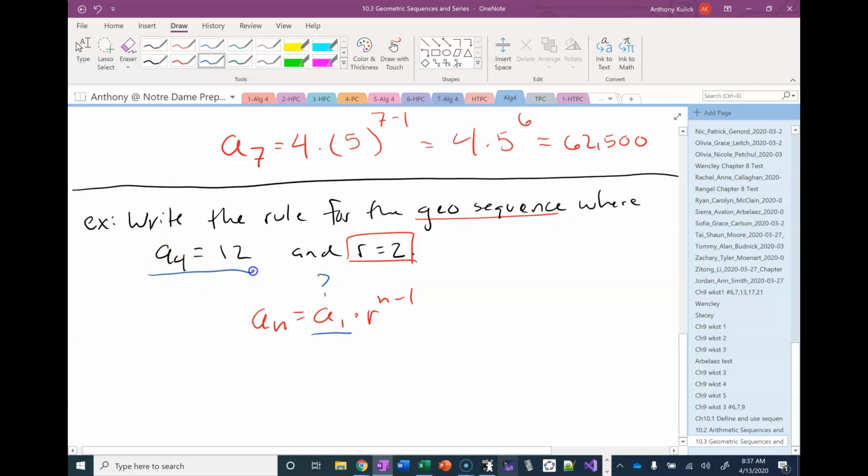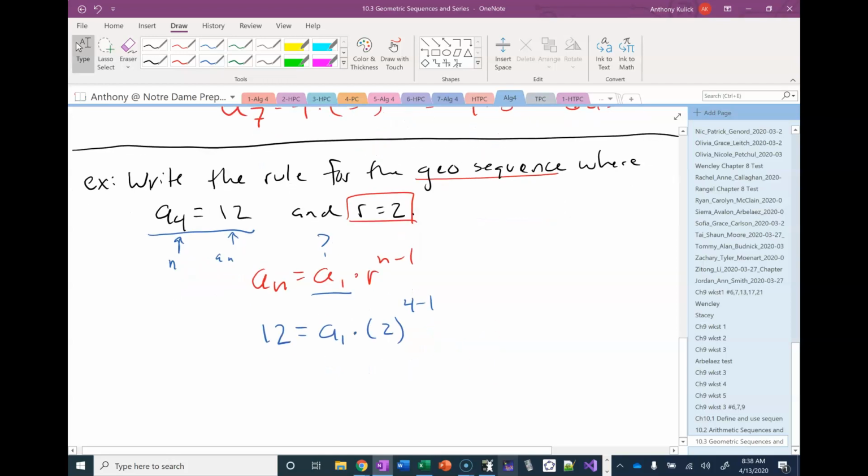Instead, what we're given here is a value for n, and a value for a sub n. So what I can do is plug these in and then use that to solve for a sub 1. So 4 minus 1 is 3, and 2 to the third is 8.